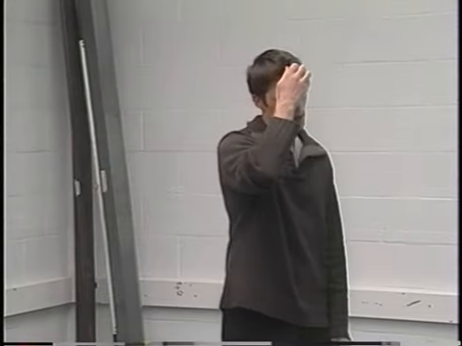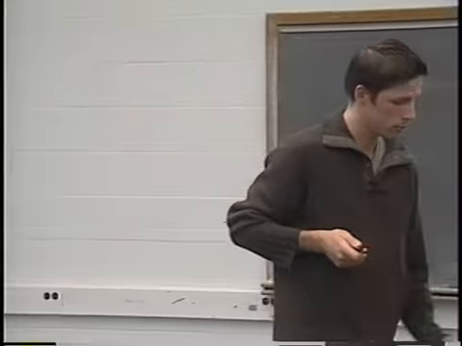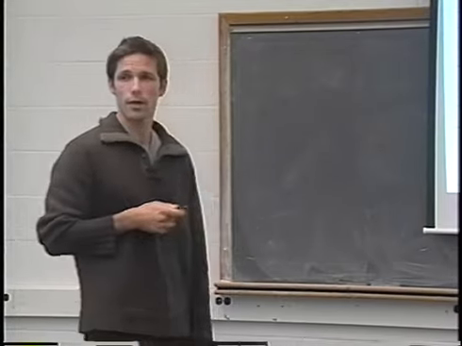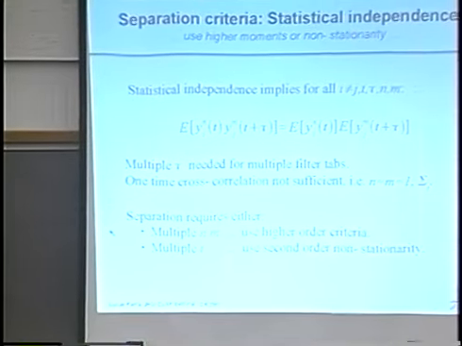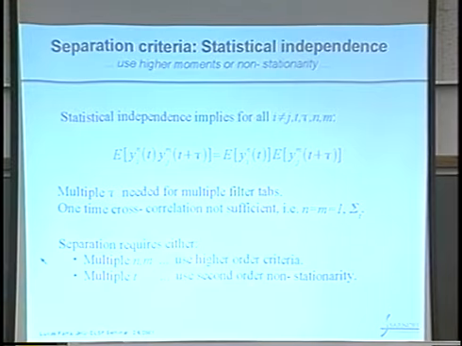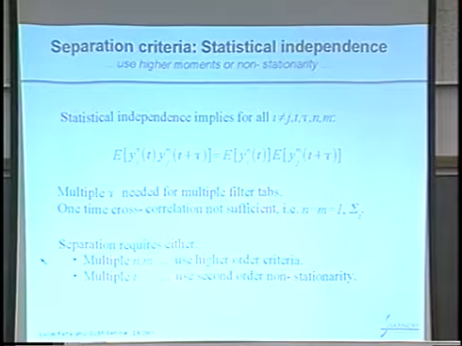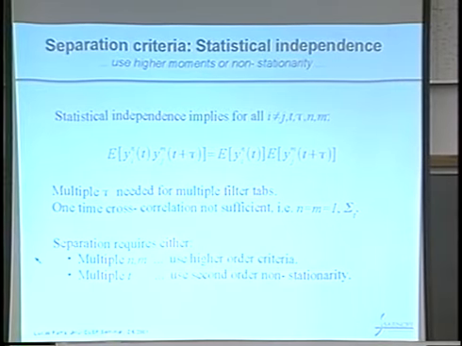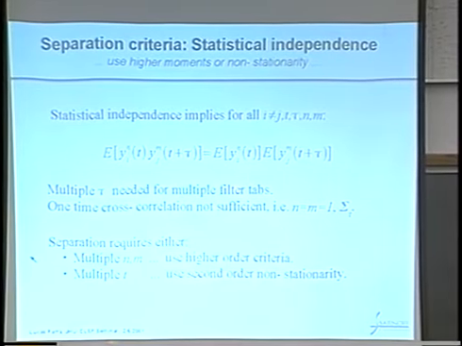And it turns out that some people have shown a few things about this criterion. In a convolutive case, you need multiple taus, basically for the filter taps. For every filter tap you need one of these taus. So you have to assume this for a bunch of these taus.